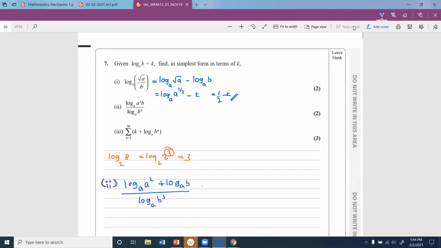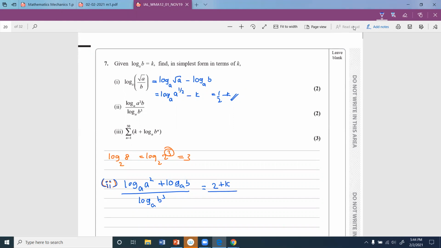Then over here, log a squared is 2, because if the base is the same, log 2 8 means log 2 of 2 to the power 3. So 3 is the answer for this. Right. Okay. Then log AB, they have given the answer for that as k.